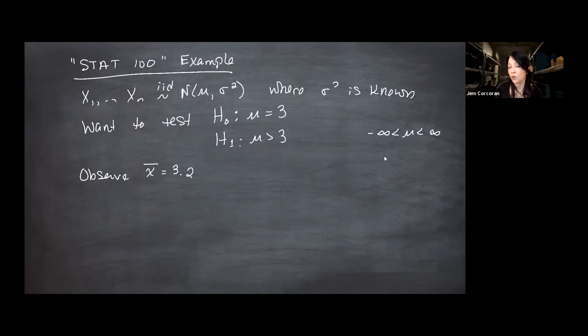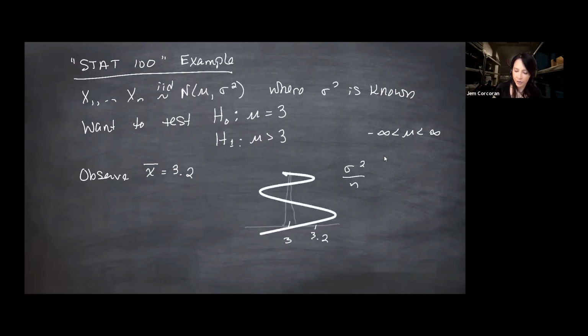And that is quite large if you had a very large n, right? Because the variance for X bar is sigma squared over n. It's possible that the true mean is 3, but you made this distribution so skinny that you can't get to 3.2 with any reasonable probability. So it's totally dependent on the n and the sigma squared.